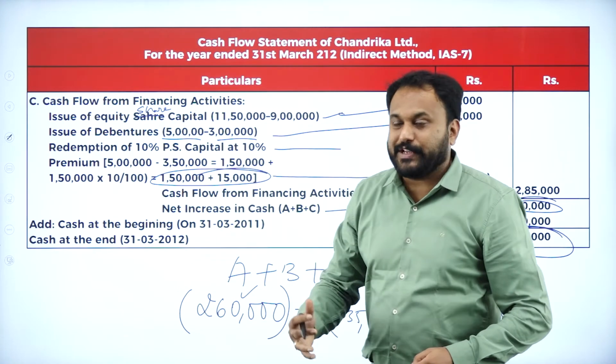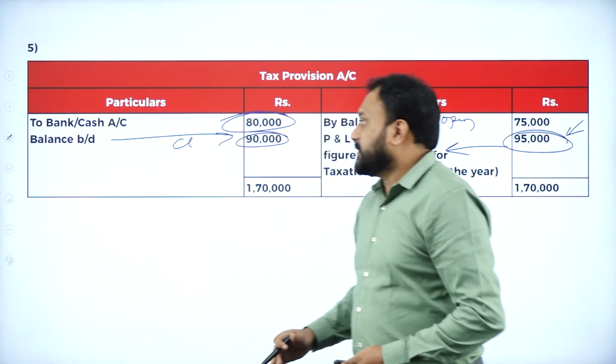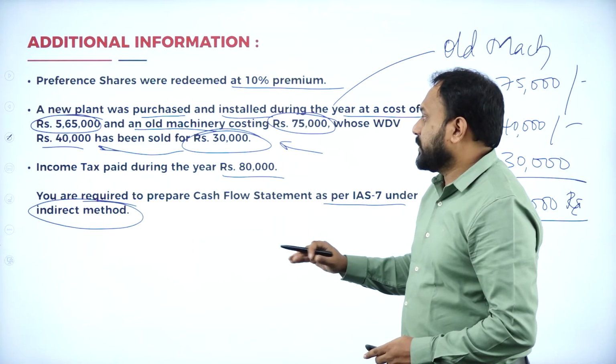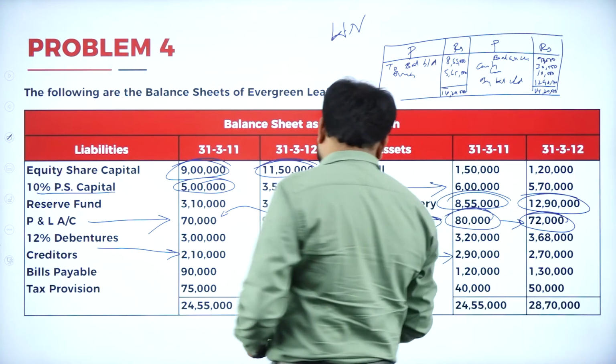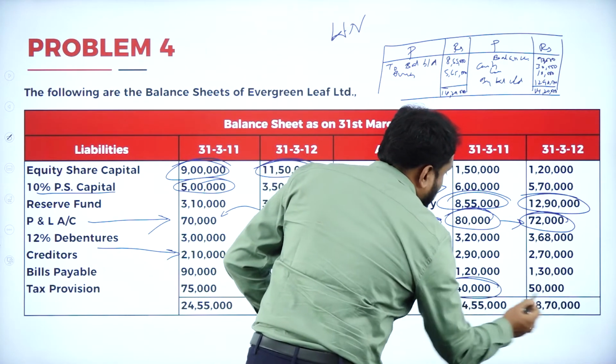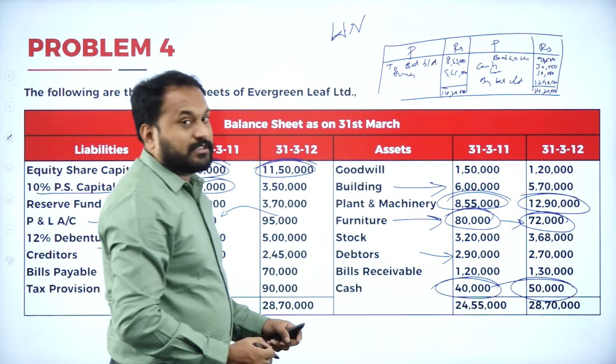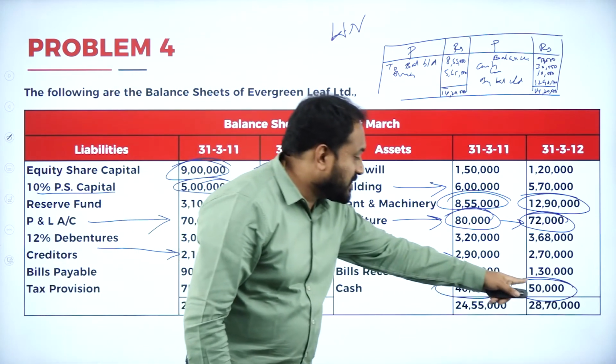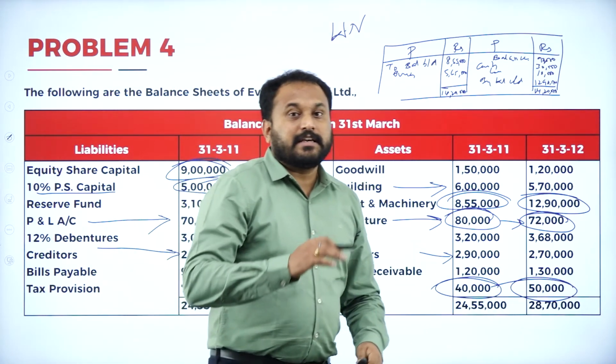If you see the question here, this is how the cash flow will look. From where we started, 40,000 is your opening, and your closing is 50,000. The minute you get this closing balance, your answer is exactly correct.